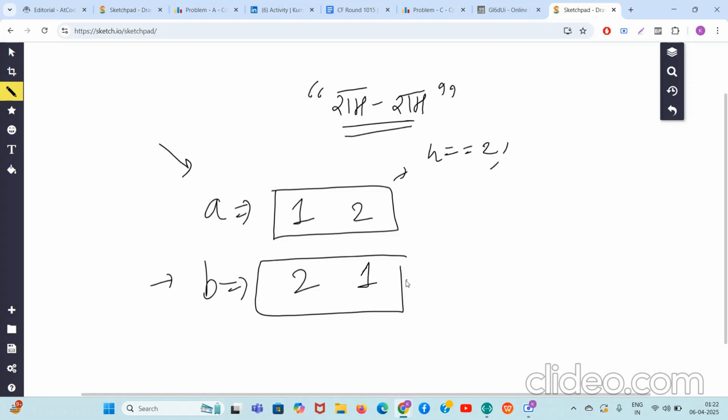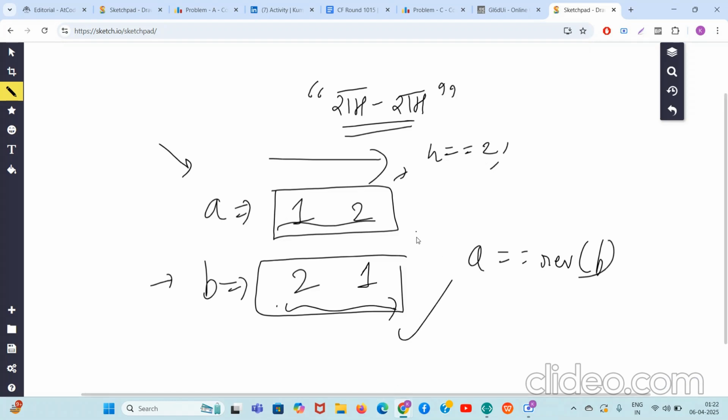Permutation means the numbers 1 to n should come in the array and each number should come a single time. You have to make sure that array A is equal to the reverse of B. So array A is 1 2 and B is 2 1, whose reverse is 1 2. So yes, the problem is solved, in zero operations.